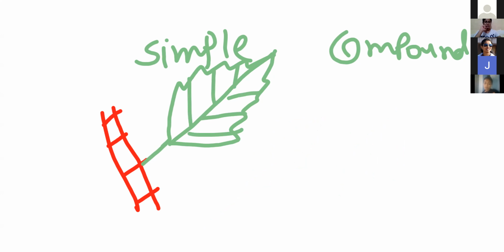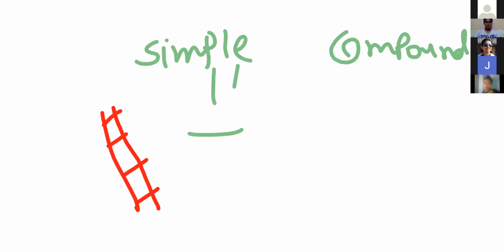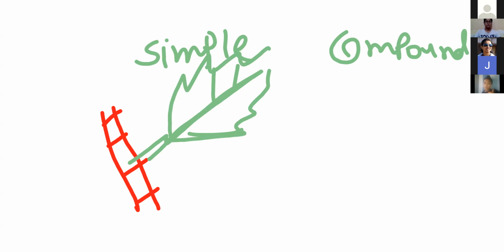See, either the leaf lamina is entire or incised, but this incision, this cutting over here, the incision cuts are there.